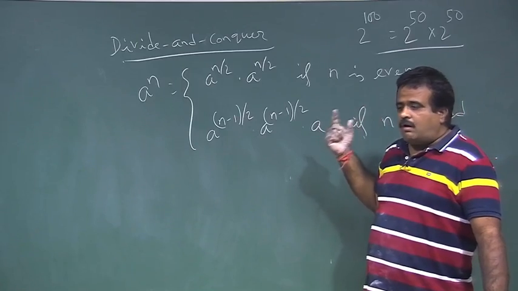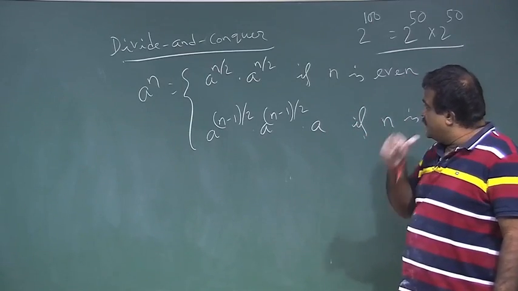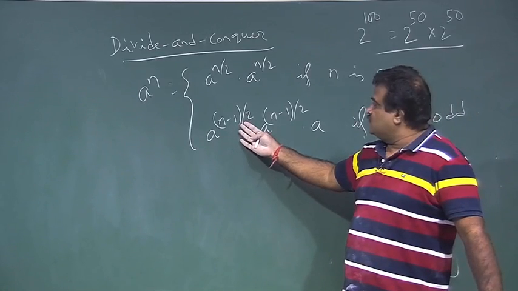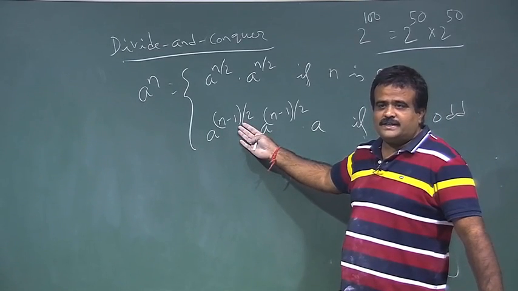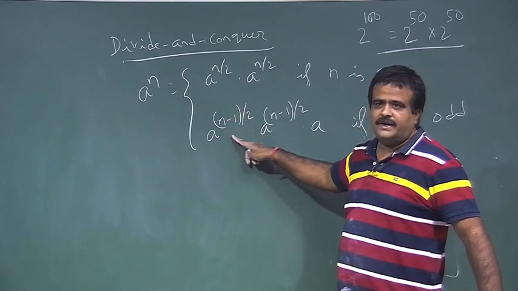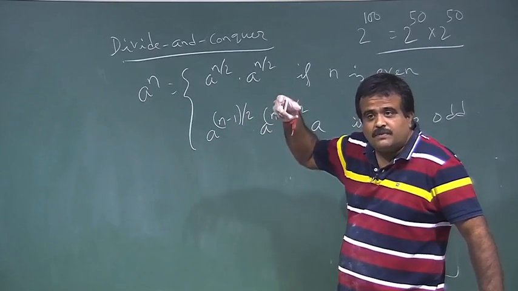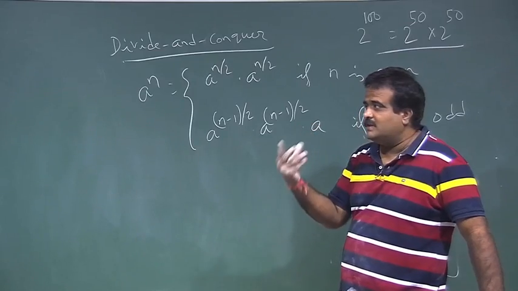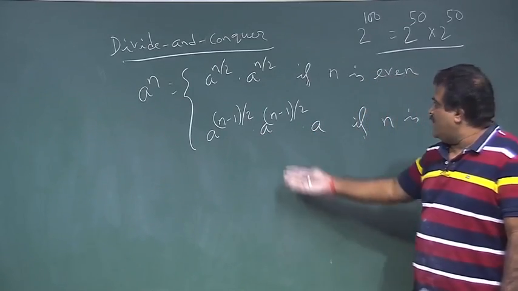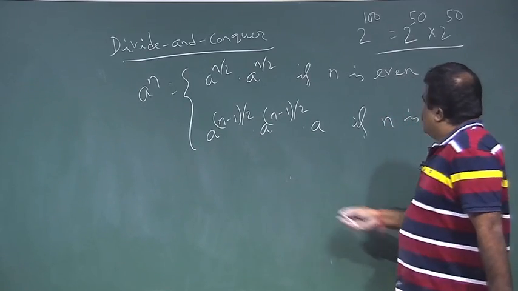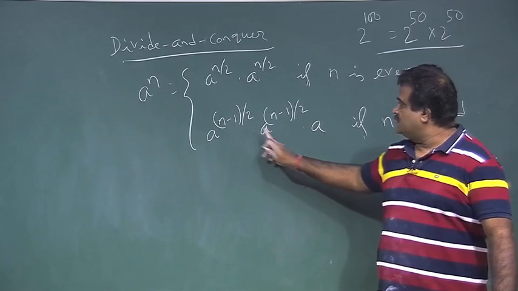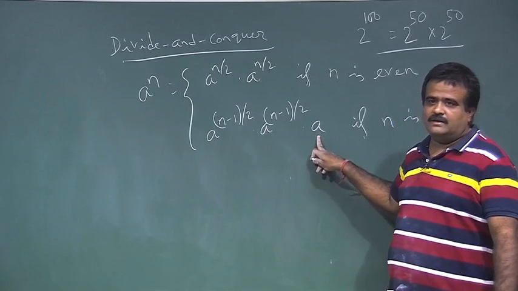If it is odd, we have a to the power n minus 1 by 2, this is the divide step, and then we recursively call it, reducing the problem into subproblems of size n minus 1 by 2, and then the combine step. If it is odd, we have 3 multiplications: this with itself and with a.